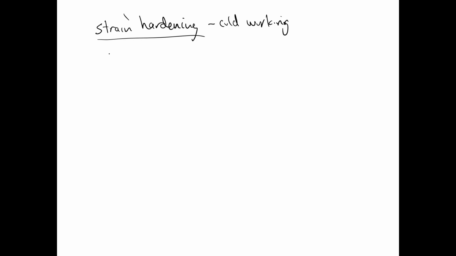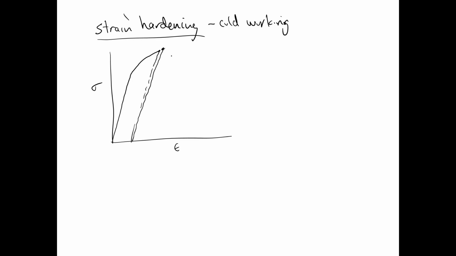In fact, we talked about it in chapter 6 when we said if you look at tensile behavior and you go past the yield point up to here, if you unload and reload, the strength has now gone up. You remember that? Here was the strength to begin with. Here's the strength here. So remember, as we deform it, the strength went up. That's this whole idea of strain hardening. As we strain the material, the strength goes up.